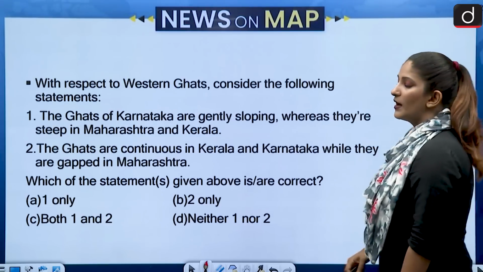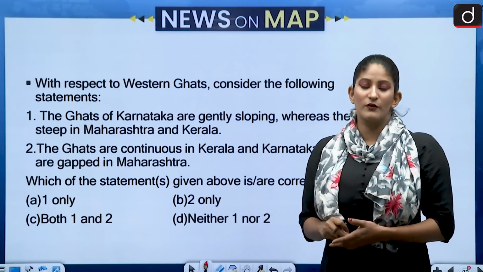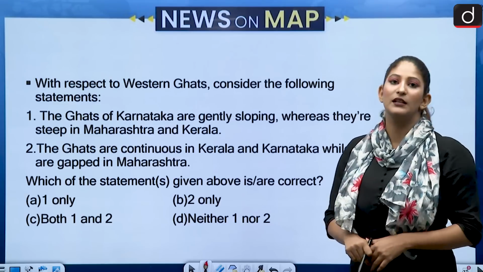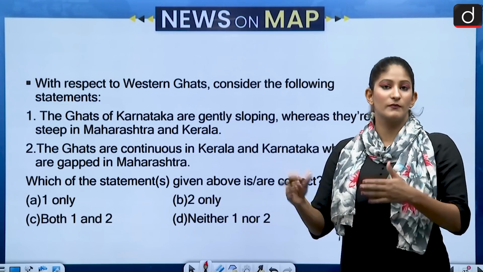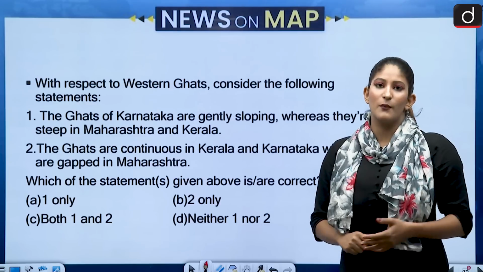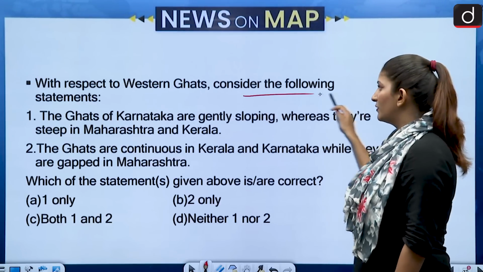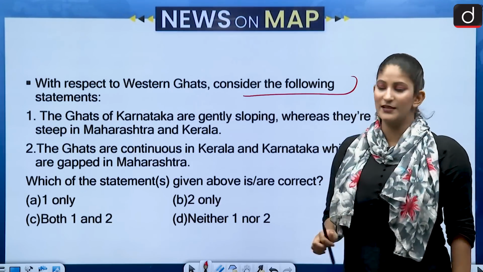So Karnataka, Maharashtra, Goa, Kerala, and of course the border of Gujarat and Maharashtra, from there we see the Western Ghats going through 1600 kilometers parallel to the western coast of India, and that is why we have formulated this question. With respect to Western Ghats, consider the following statements.